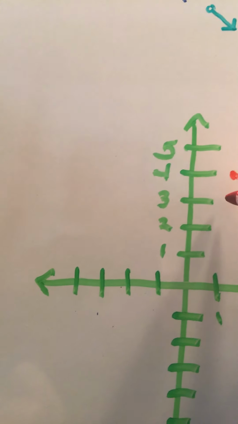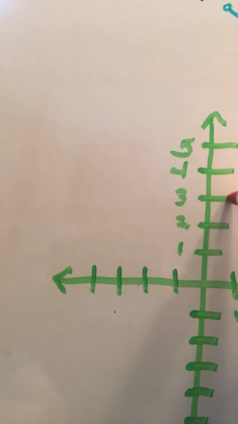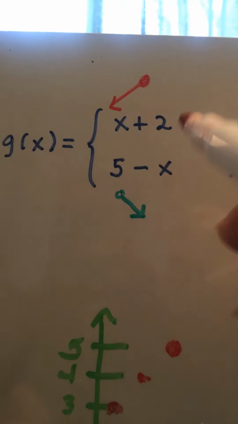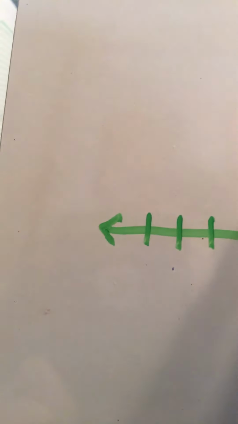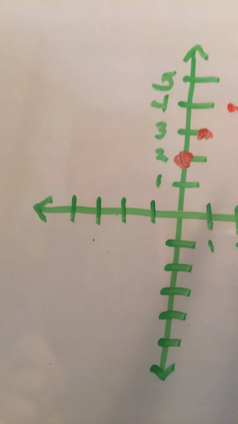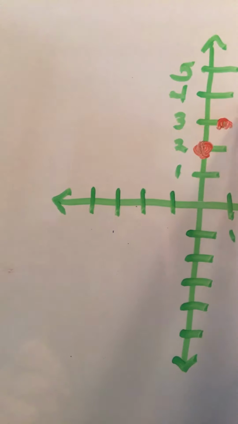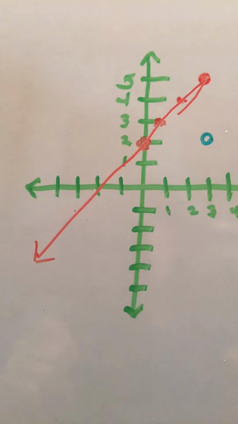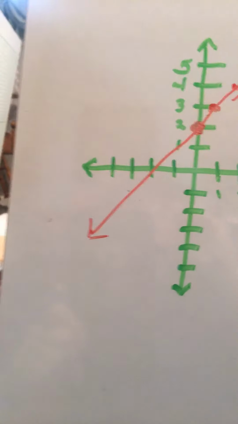I can go down 1 more, left 1 more, down 1 more, left 1 more. I can keep doing it. Or folks, I could have just come up here and said, gee, the y-intercept is 2, and just plotted these 2 points. But anyway, I'm going to draw it, and my arrow goes down. Now, why did I know that?